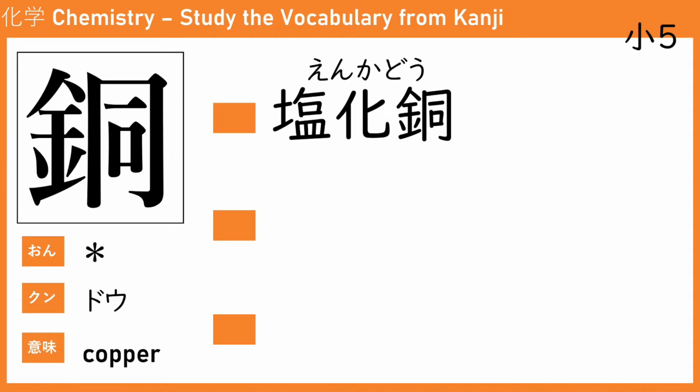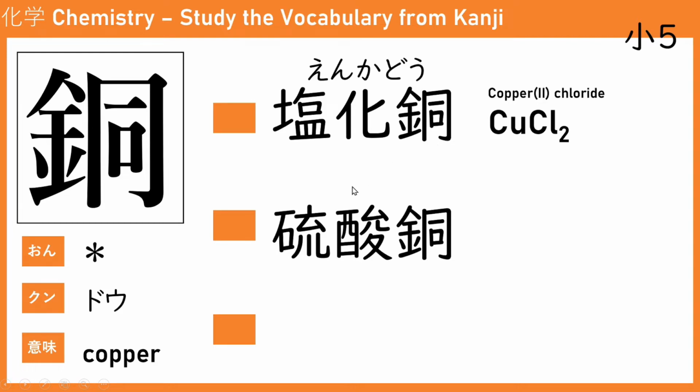So enka do means copper 2 chloride, CuCl2. This is how you write a substance name in kanji. You put the name of the metal or the positive ion at the back, while you put the negative ion in the front. So enka do, like this.